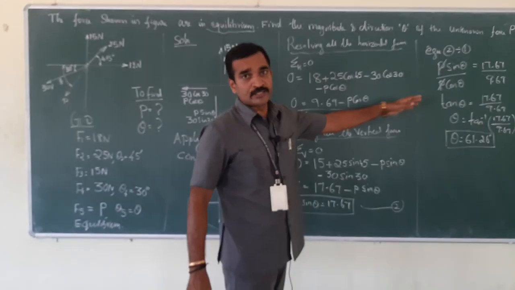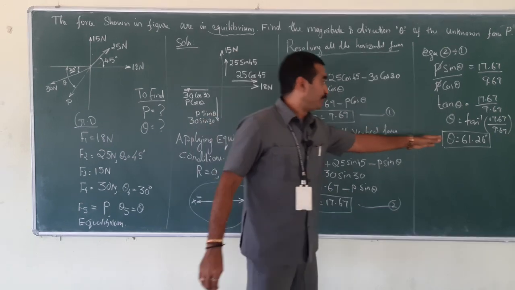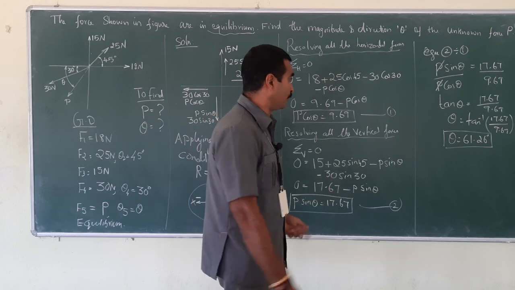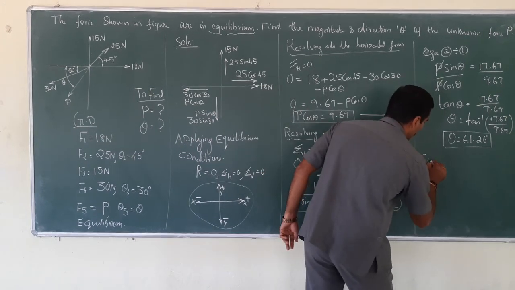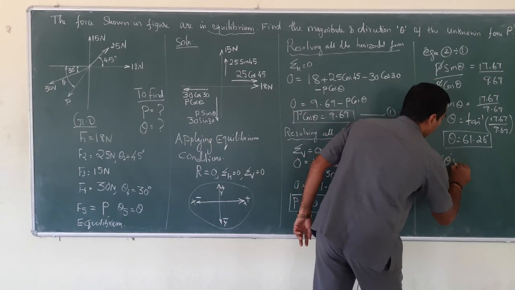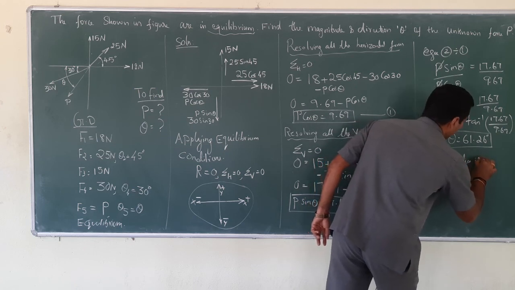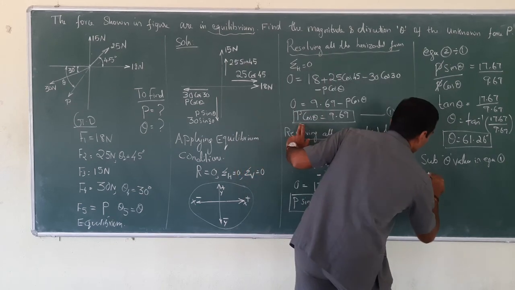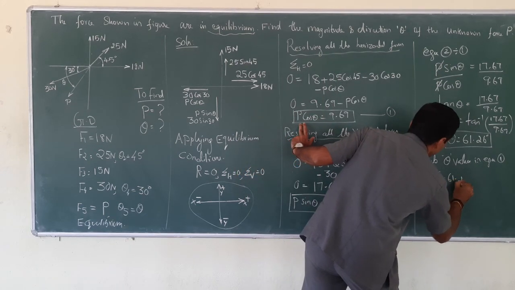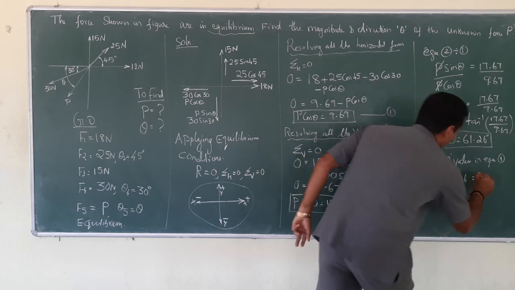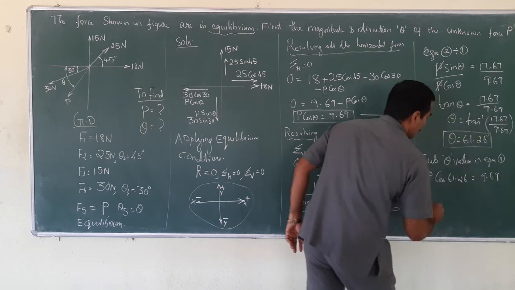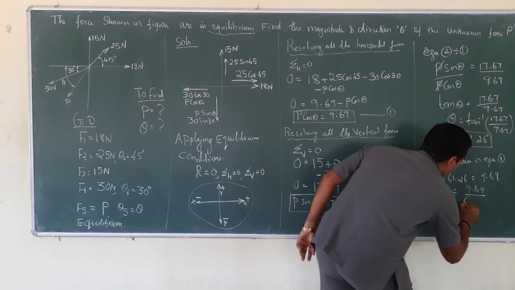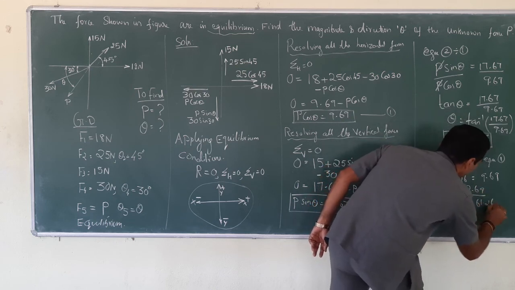Since one unknown is known, you can substitute this value in either of the equations, either 1 or 2. I am going to substitute this theta value in equation number 1, which means P cos 61.26 equal to 9.69. So P equal to 9.69 divided by cos 61.26.